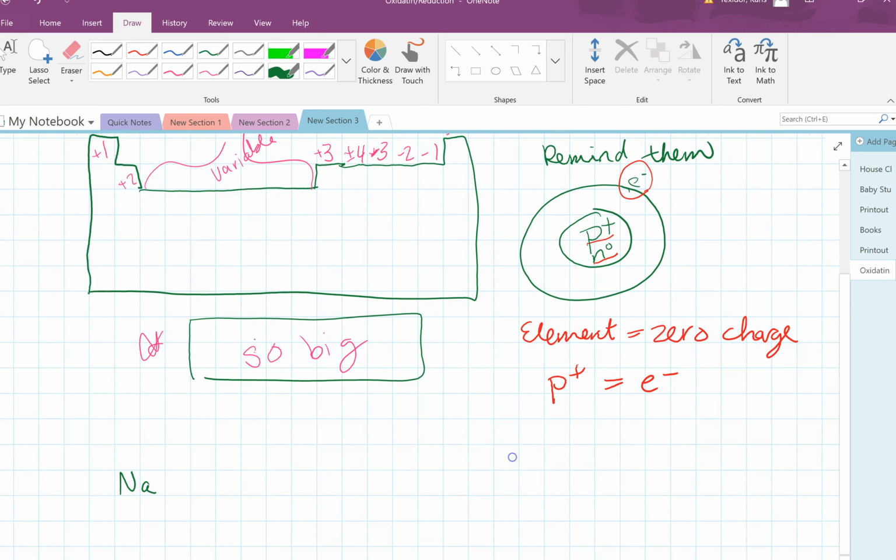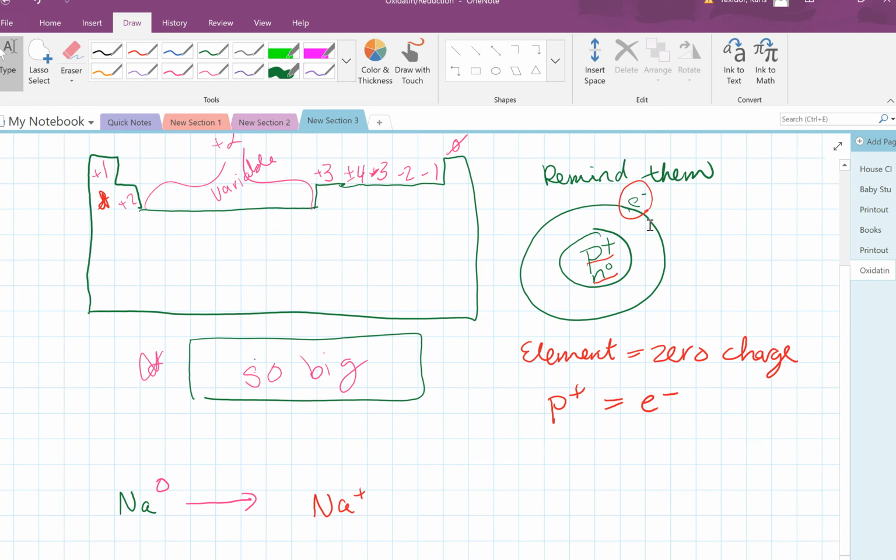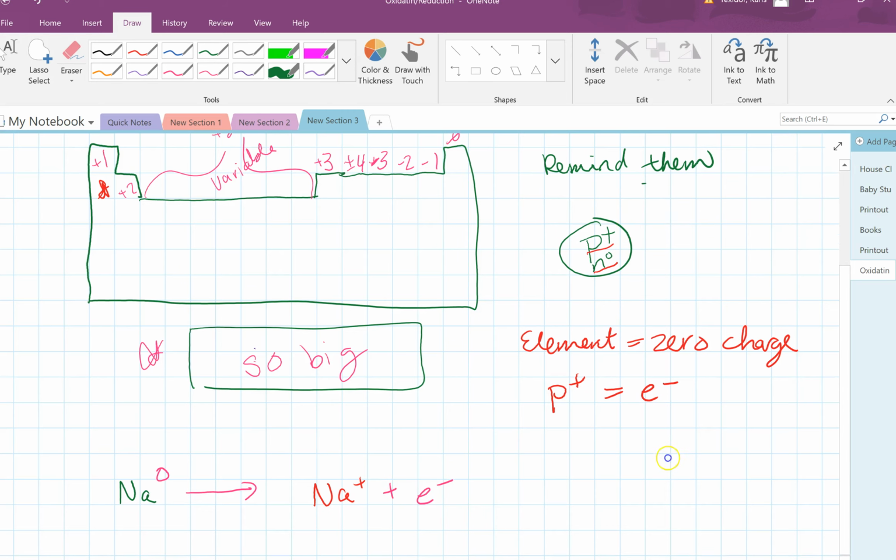So with sodium over here, we know sodium will end up making a positive charge ion. In order to get that positive charge ion, sodium element has a 0 charge. So to get that positively charged sodium ion, we are going to have to lose 1 electron. So what's extra? We have extra protons. So the way we write it would be like this.